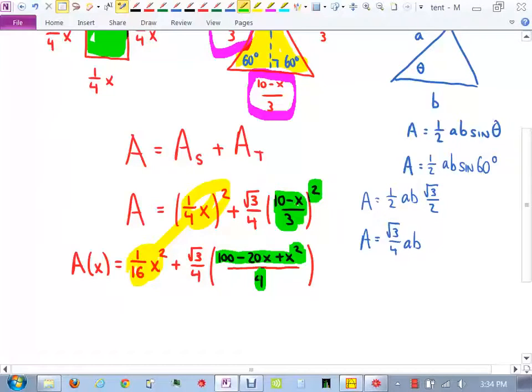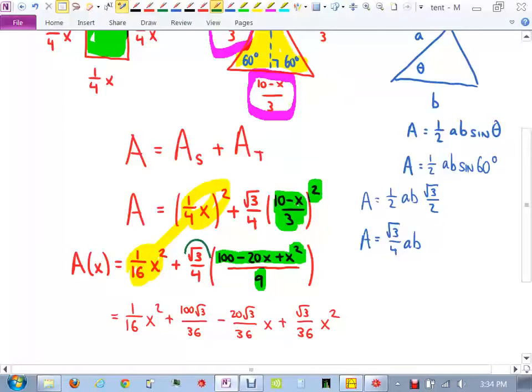And then I can distribute the root 3 over 4 through the parentheses on the right to get 1/16 x squared plus, oh wow, okay, 100 root 3 over 36 minus 20 root 3 over 36x plus root 3 over 36x squared.